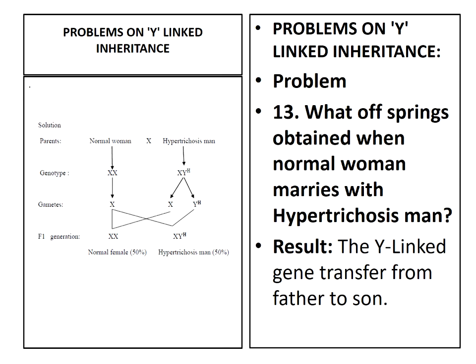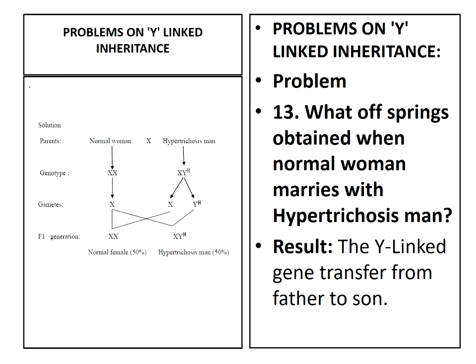So the second problem, problems on Y-linked inheritance. In Y-linked inheritance, the example I have given is hypertrichosis. It is a sex-linked inheritance confined only to males, so it is called holandric, and the genes are called holandric genes.